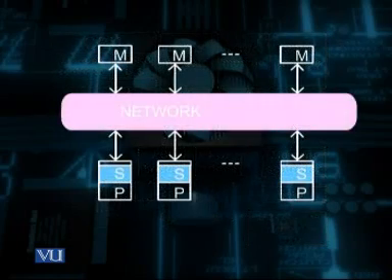The third architecture, referred to as the dance hall architecture, is shown here, where you can see that all the processors are on one side of the network and all the memories are on the other side of the interconnection network.